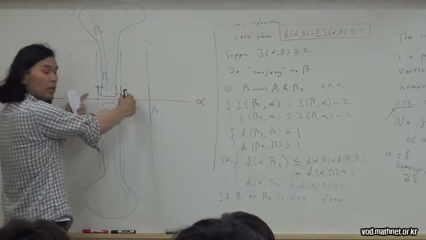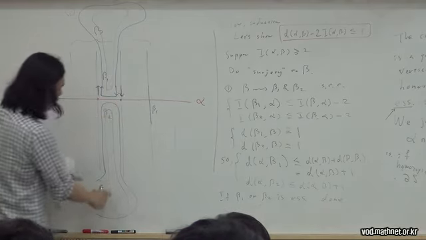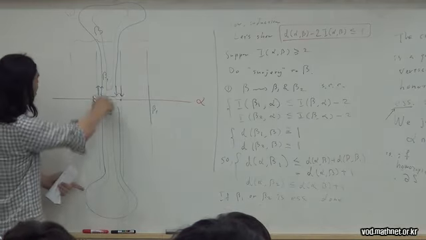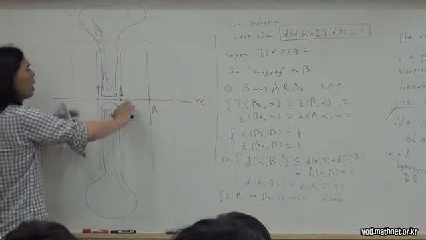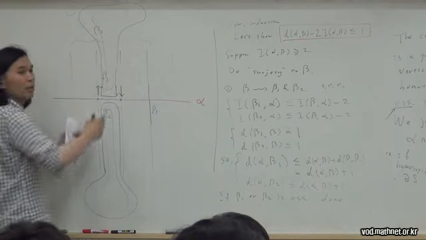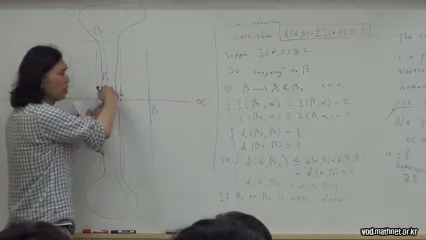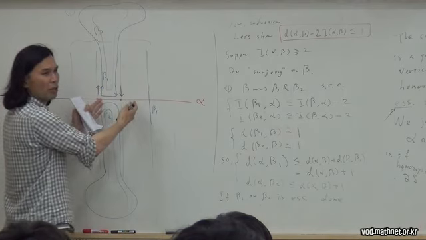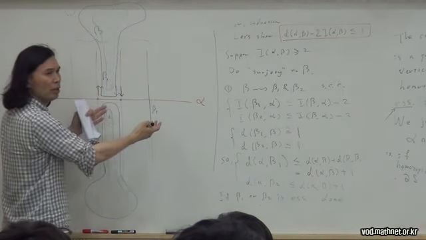Since alpha is a closed curve, and if this is true, this is really the whole beta. There is no other intersection because it's bounding a disk. So now you use the other direction. You do surgery in the other direction and you get beta 1 and beta 2 in the other direction.